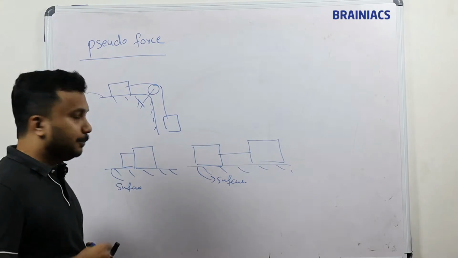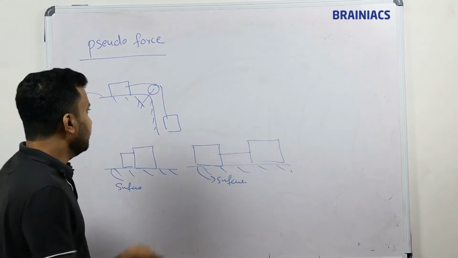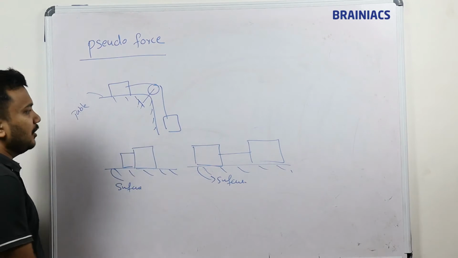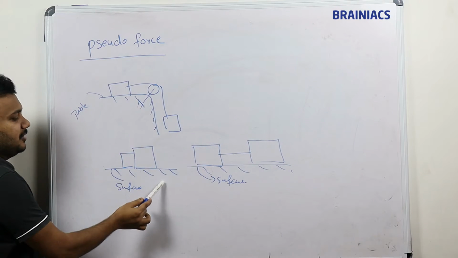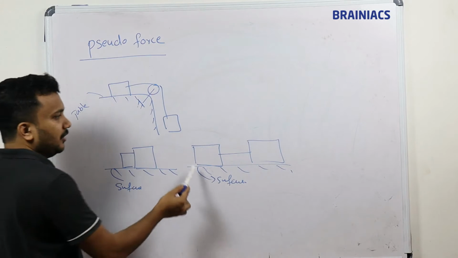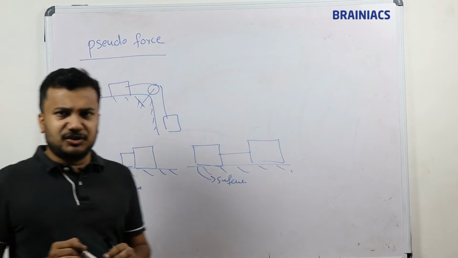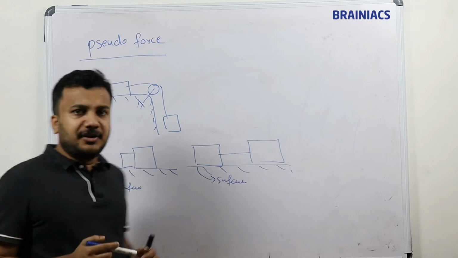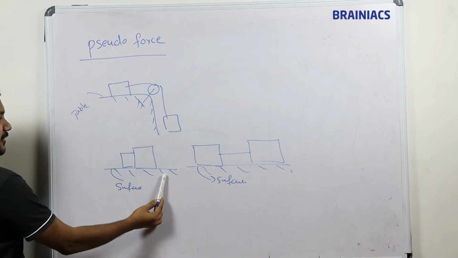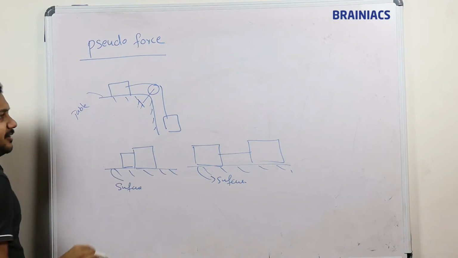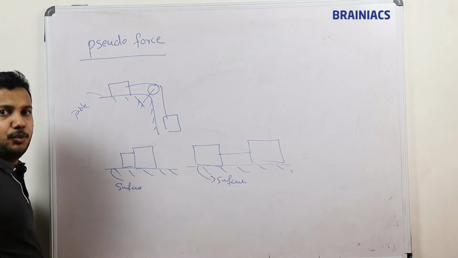But the main point here is that the block is on the table, on the surface, on the ground, on a normal ground. In these cases, the surface or the ground, this table or surface is not at all moving.